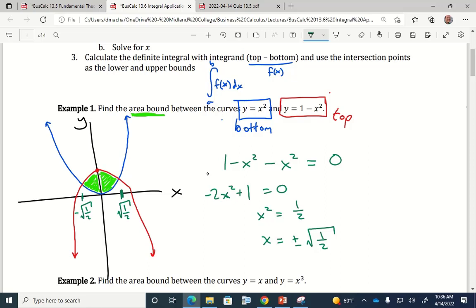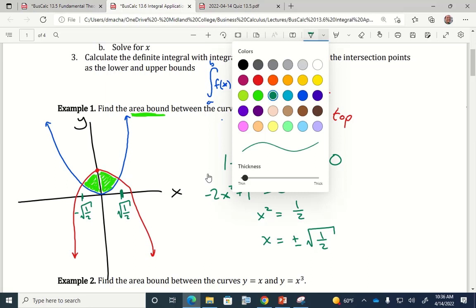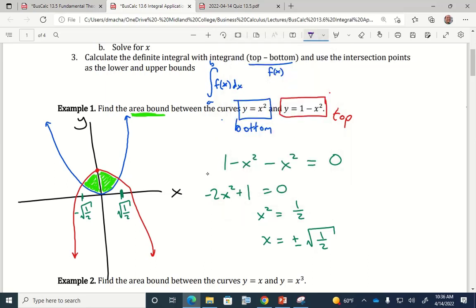So now step 3 says we're going to calculate a definite integral where the integrand is the top minus bottom. So the integrand, in other words, for us is going to be 1 minus 2x squared.